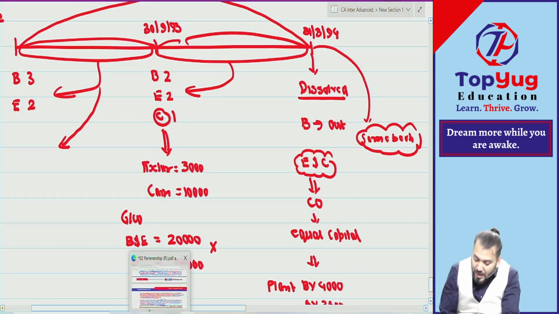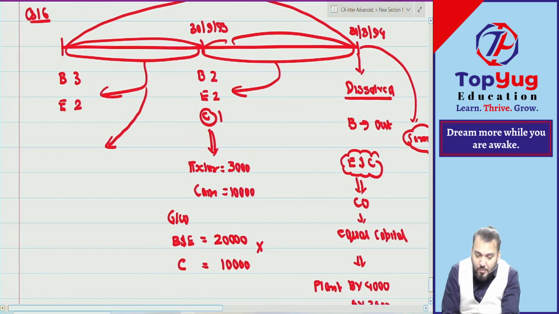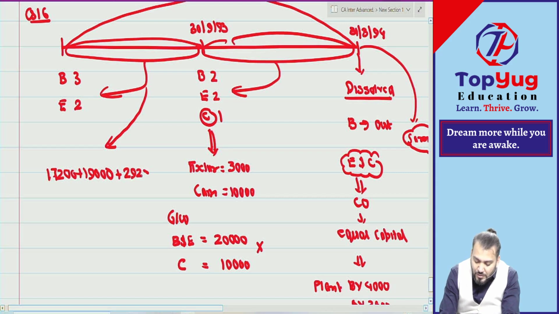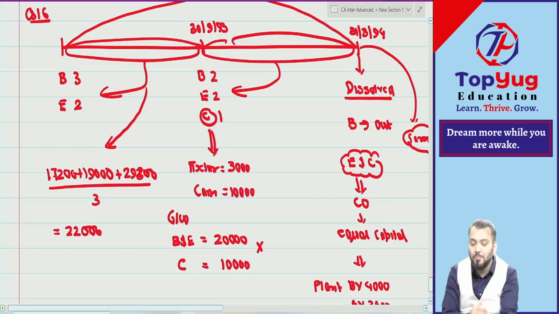Tell me, the average of two preceding years: 17,200 plus 19,000 plus current year profit. What is the current year profit? 29,000. So divide by 3, how much? 22. So can you see this becomes the half year profit?